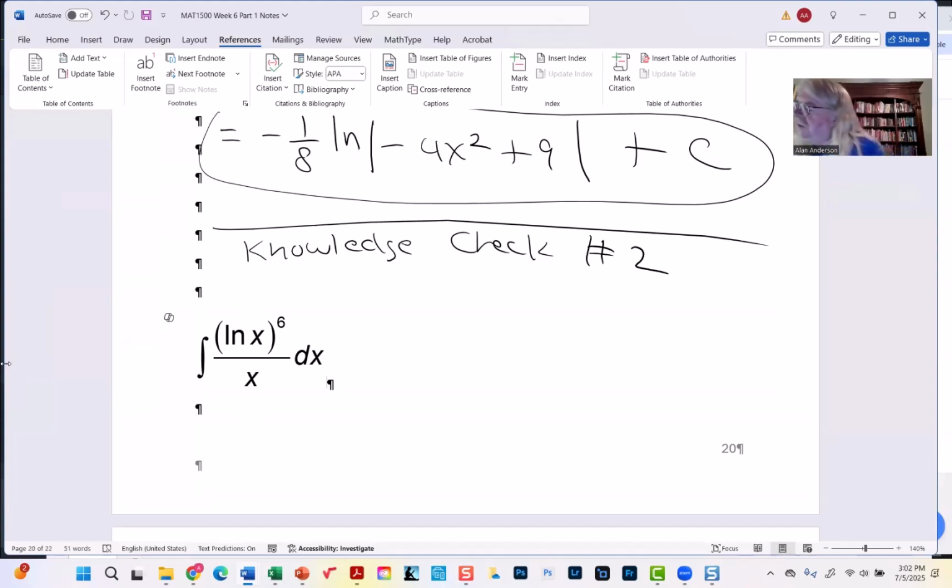Let's try this. u equals log x. du/dx is 1 over x, so du is dx over x.